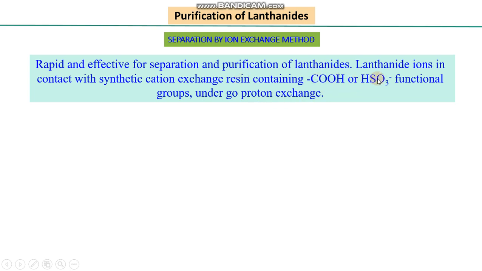So it contains functional groups, acetate or sulfonate, which are actually cation exchangers. This group possesses a proton, so these protons can be exchanged, or they are capable of giving up the proton in an appropriate solution and appropriate medium, so they can be regarded as cation exchangers, which are present on the surface of the resin.